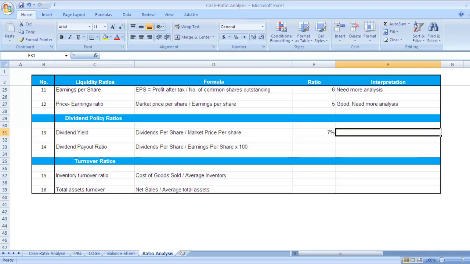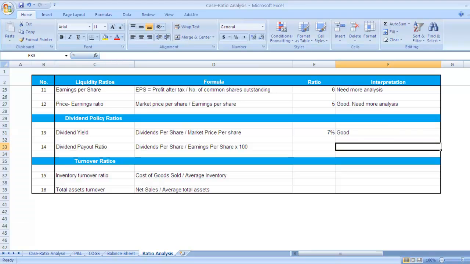I would say very good company in case of dividend yield, because if you invest 29.25 rupees, which is the market price of the share, you are going to get 2 rupees, which is 7%. So this is also a consistent earning for equity shareholders. So 7%, I would say it's really good.